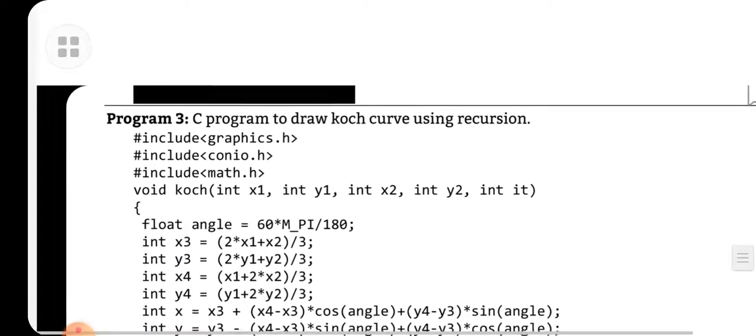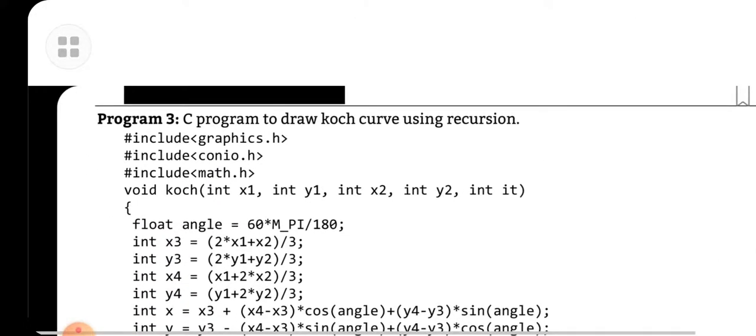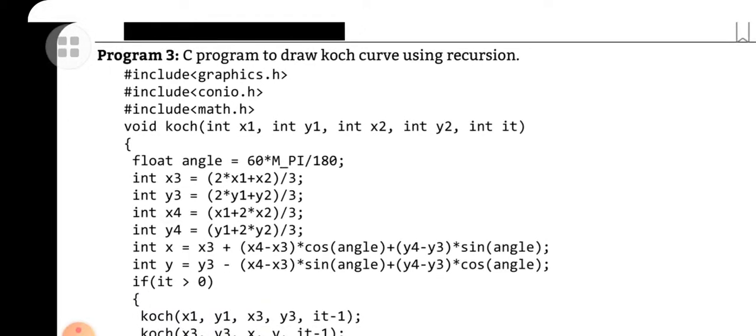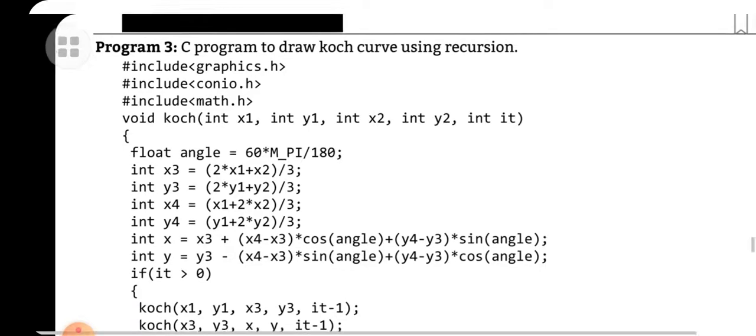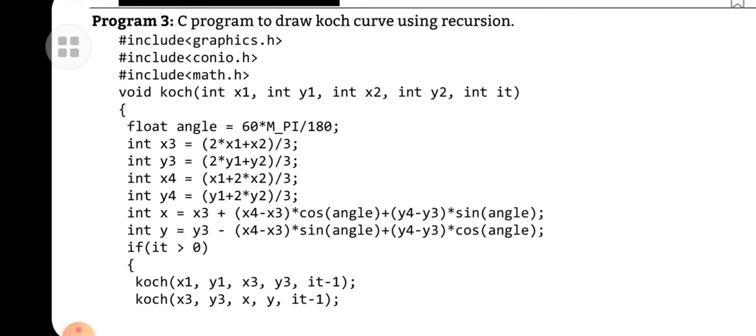And the second program is to draw a Koch curve using recursion. As usual, you have to give the header files graphics.h, conio.h, math.h, and these are compulsory and mandatory. Then the void koch function is here, and you have to declare the coordinate variables x1, y1, x2, y2 as integers.